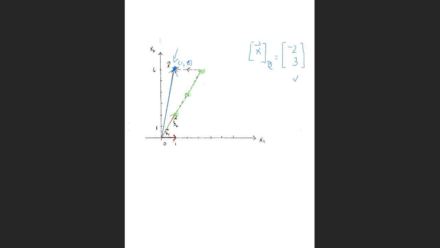What am I doing here? What am I demonstrating here with these green markings? Here's the vector B2 right here. What would this vector here be?